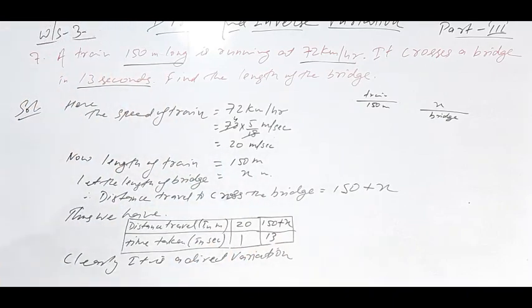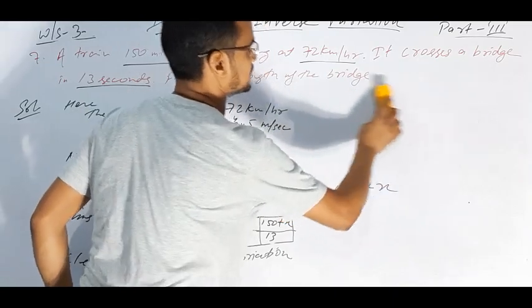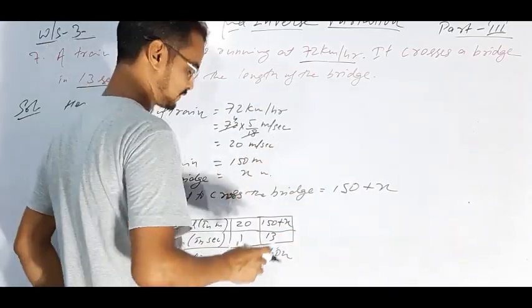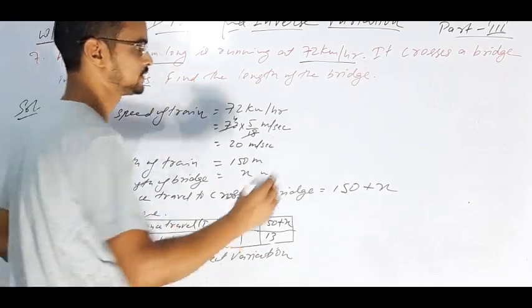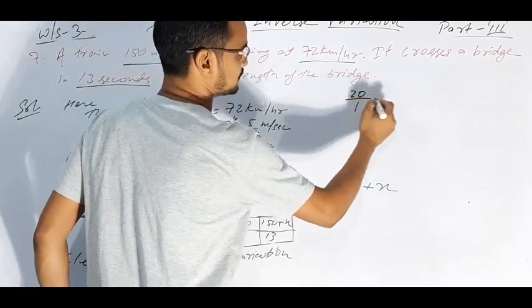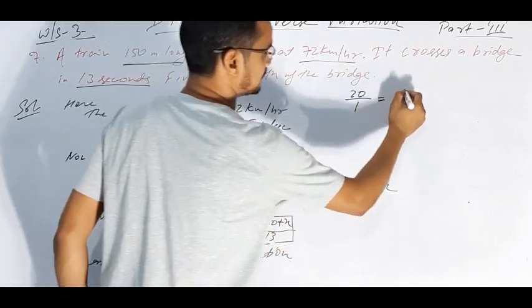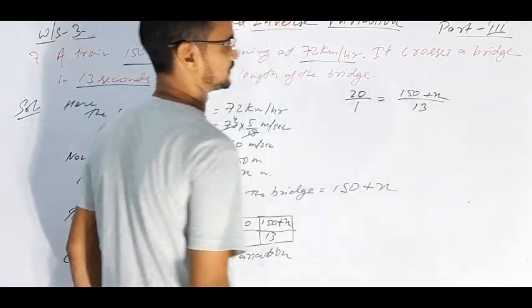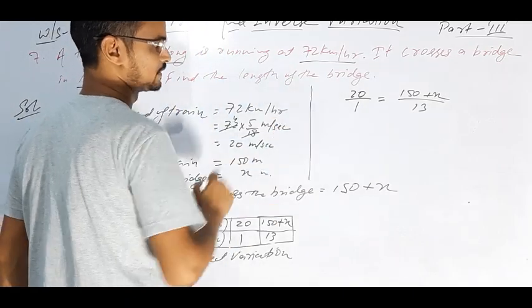So we know that in direct variation, the quotients are constant. Therefore, we will write 20 by 1 is equal to 150 plus x divided by 13. It is in division form.